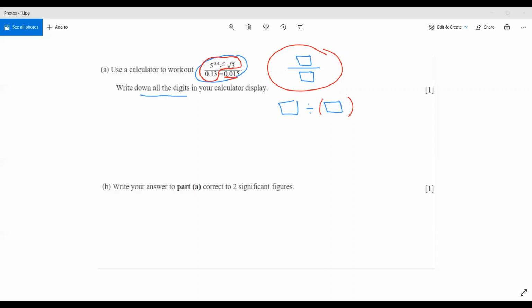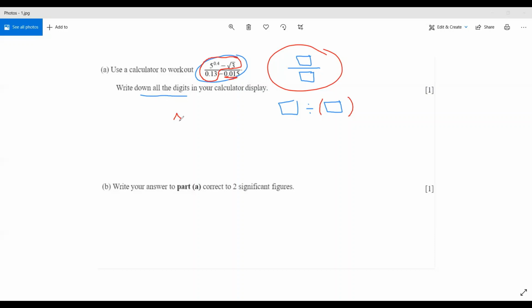So I'm just going to key in 5 raised to the power of. For the power, this is the symbol. You have to press that key, and raised to the power of 0.4 and minus square root of 3, and then divide by.